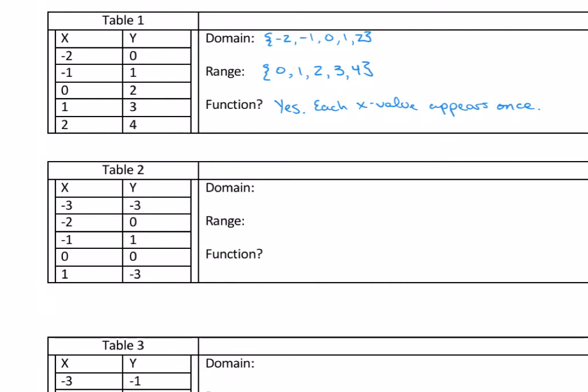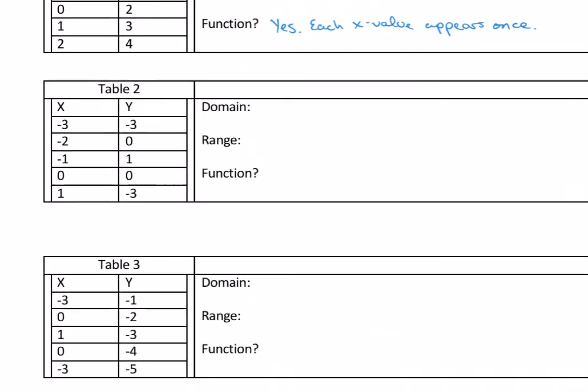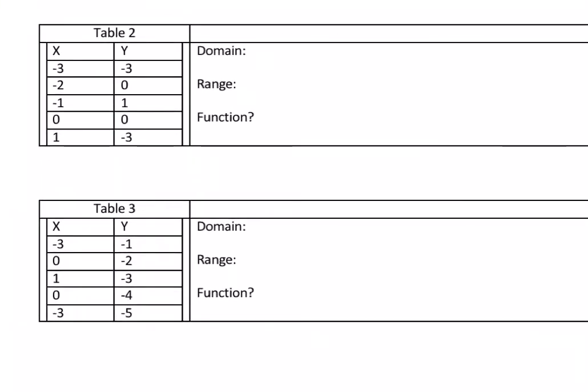Okay, let's go ahead and look at table 2. If we start with our domain, we want to list out the x coordinates. So we have -3, -2, -1, 0, and 1. For our range, we want our y coordinates. We have -3, 0, 1. We have another 0, which I do not need to include again.